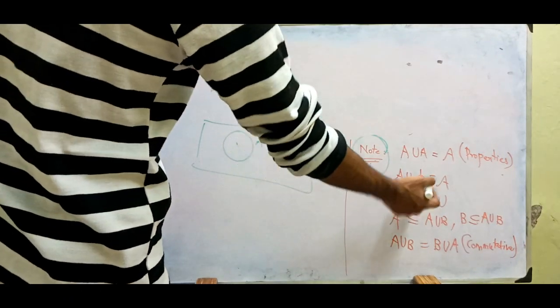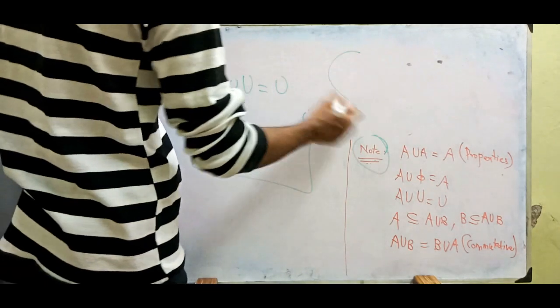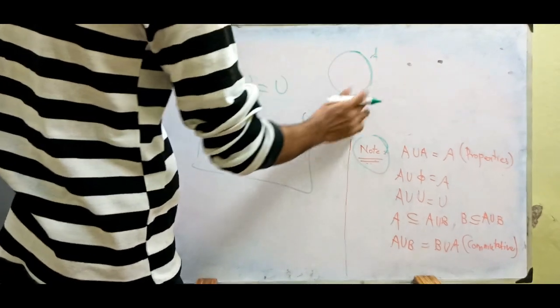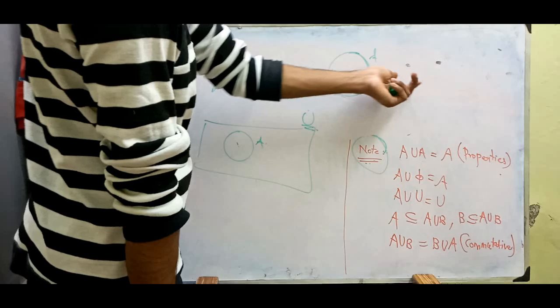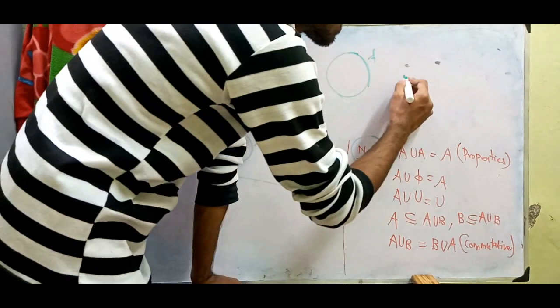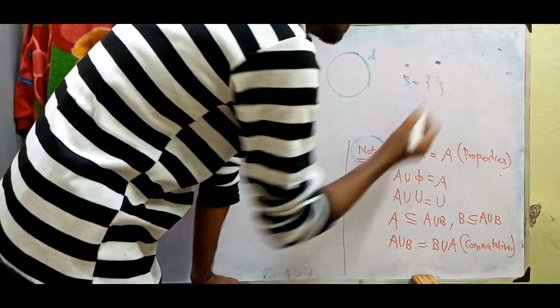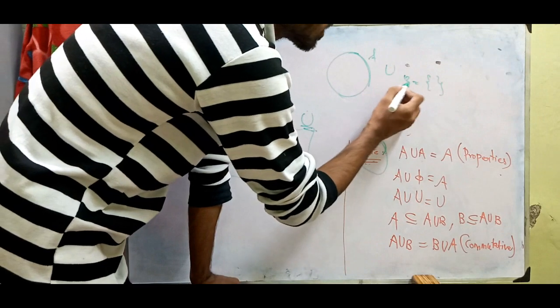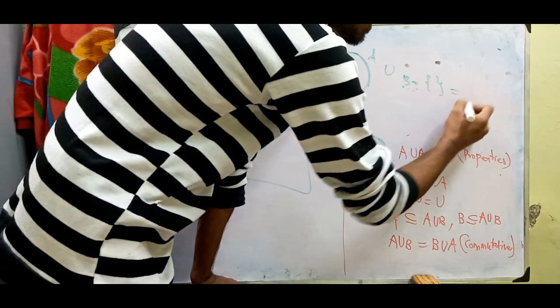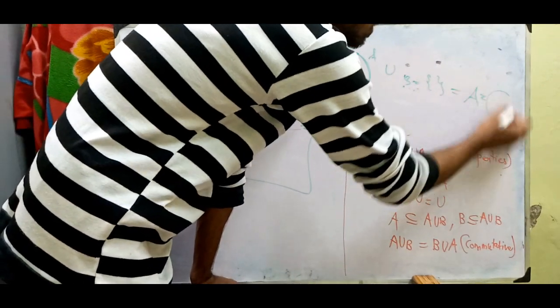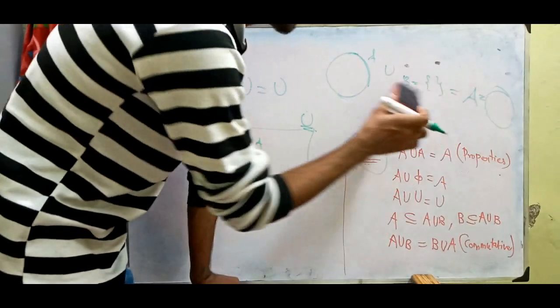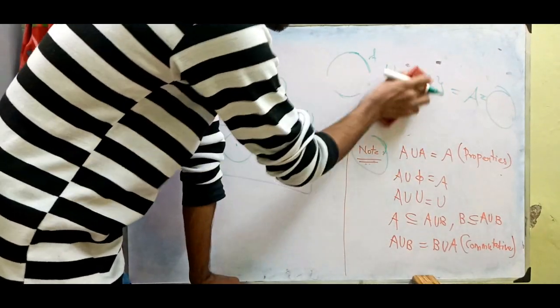And A union empty set is nothing but A, because there's a set A and there is nothing to have in another set. Let us say there's an empty set B. If I union this empty set, I can get only A, because this portion remains; the empty set has no work to do anywhere.